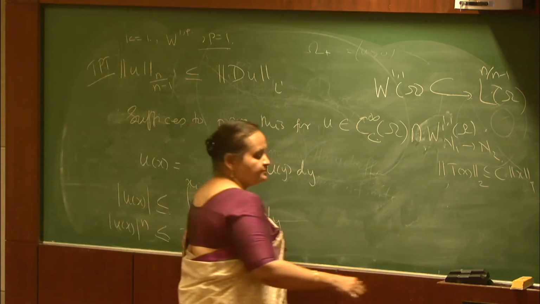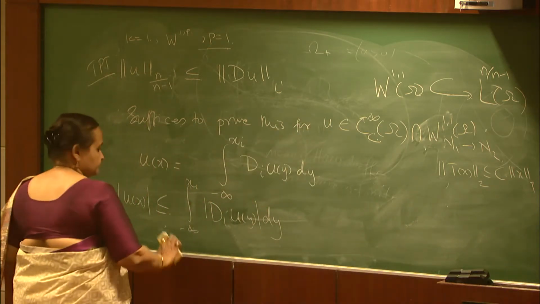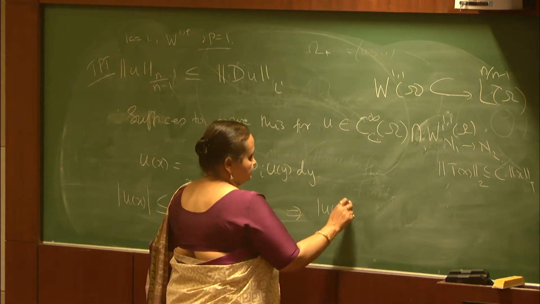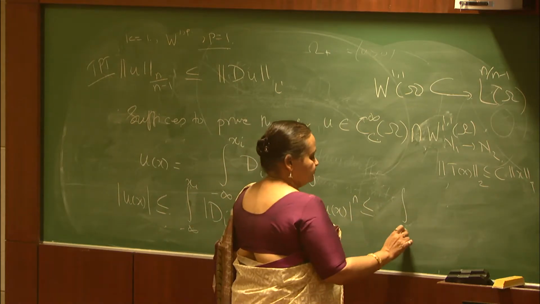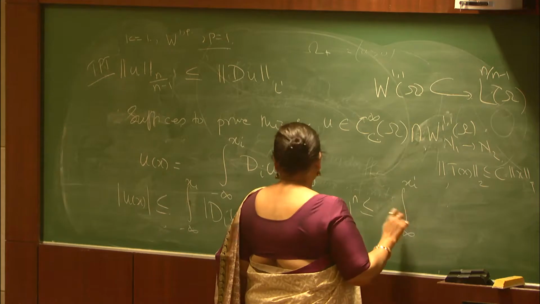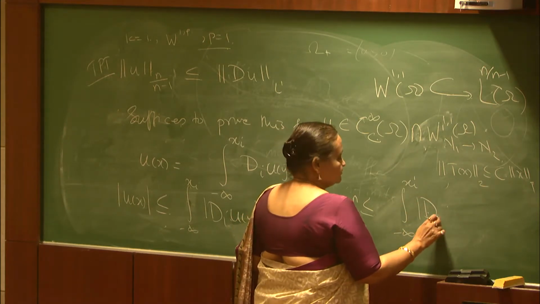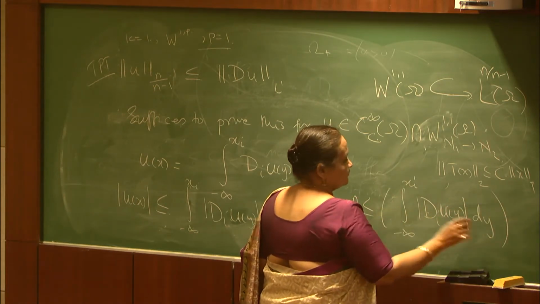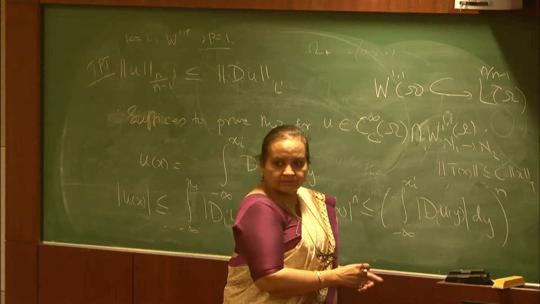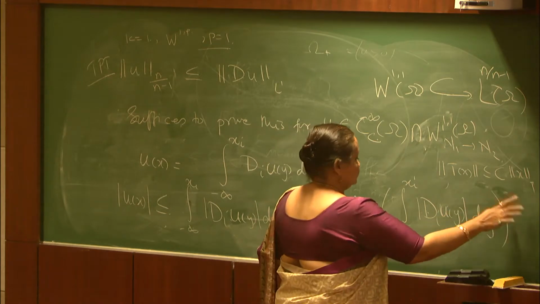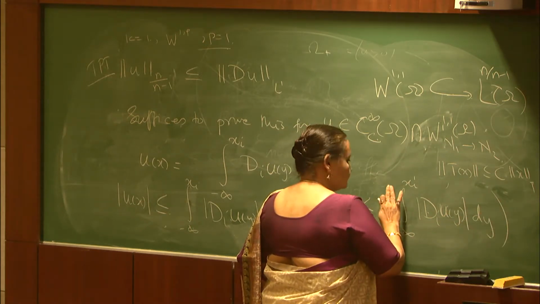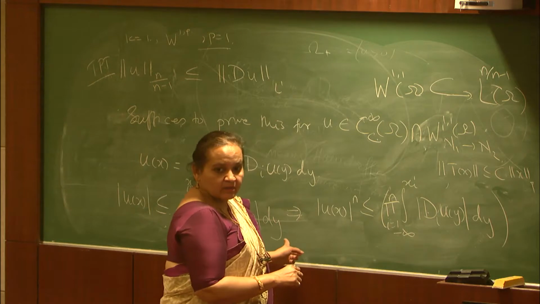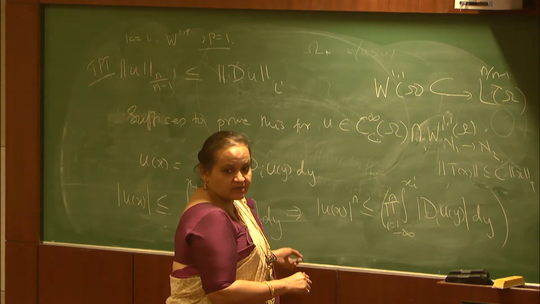So if you do that, right? Sorry, it is just, a is less than b, a is less than c, so a squared is less than b into c.